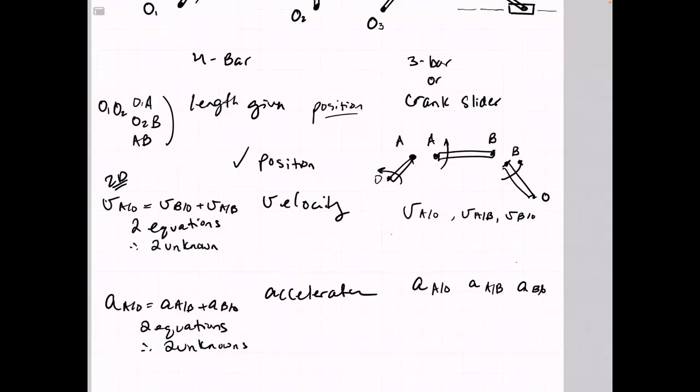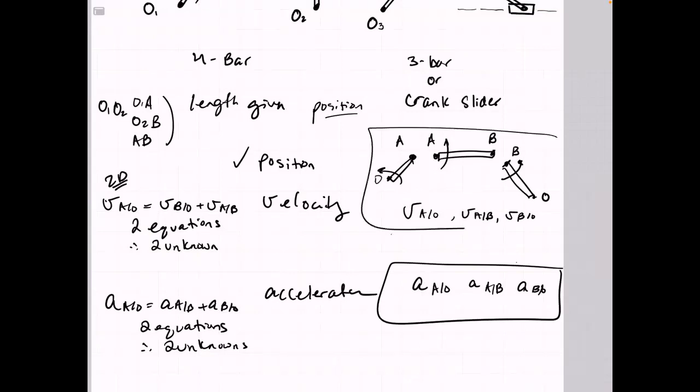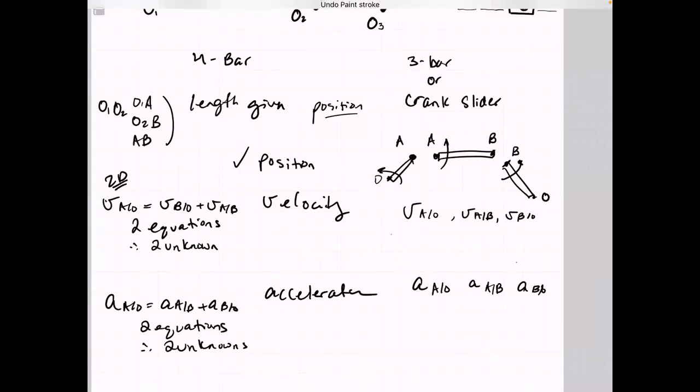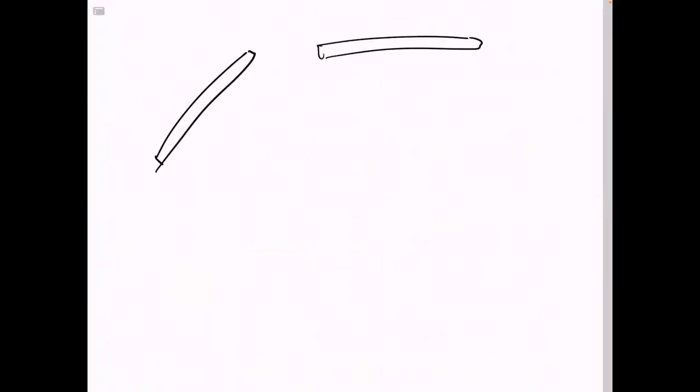But before we do that, I want to break down further how we can analyze this acceleration equation by blowing this part up. So A, O1, A, B, B, O2.